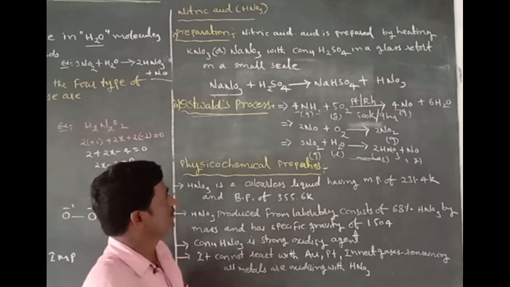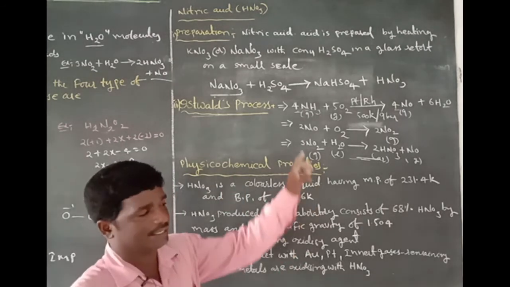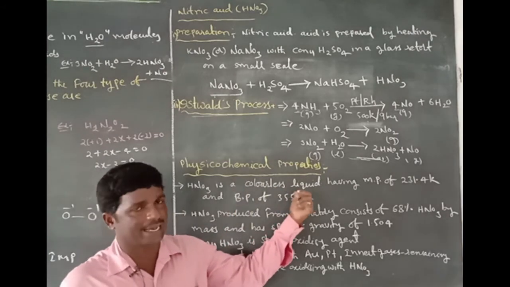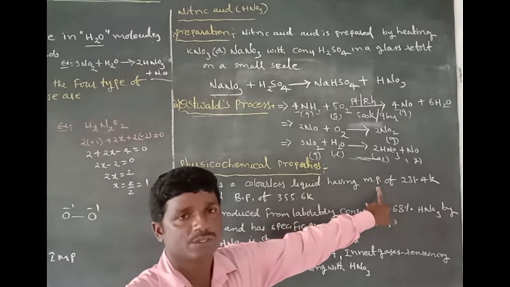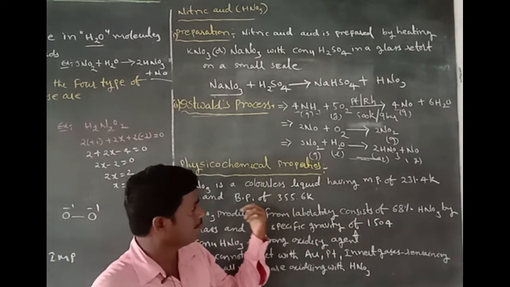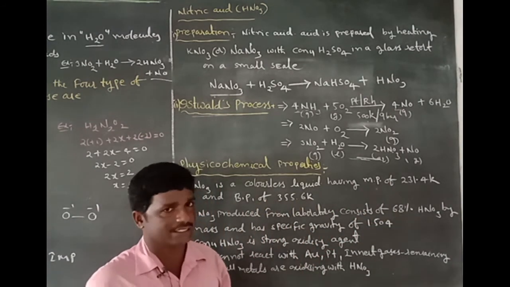Next, the physicochemical properties of nitric acid. HNO3 is a colorless liquid having a melting point of 231.4 kelvins and a boiling point of 355.6 kelvins.